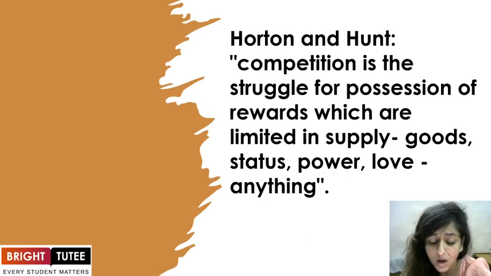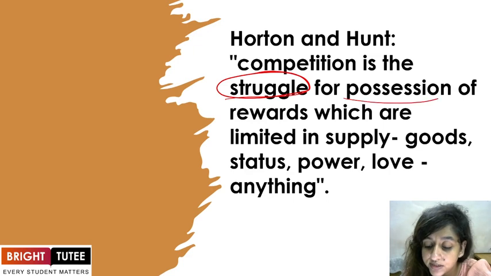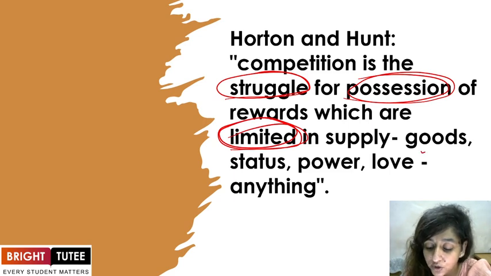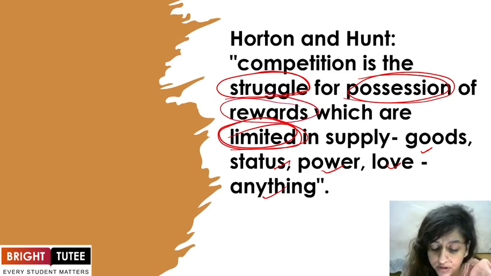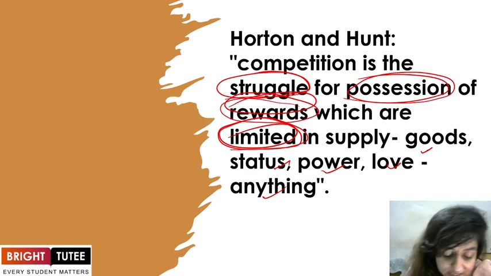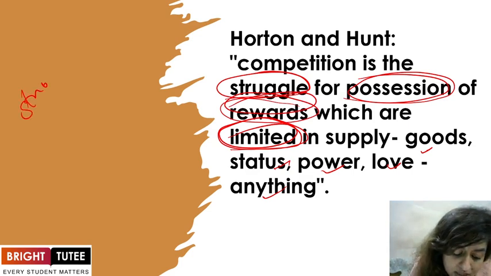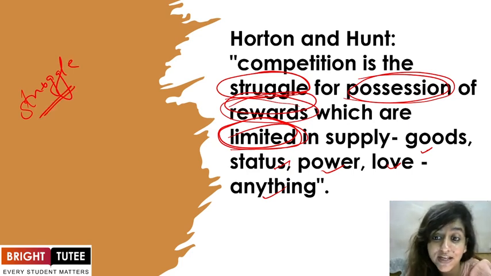Horton and Hunt said that competition is the struggle for possession of rewards which are limited in supply. These may be goods, power, status, love or anything. Four very important words here. One, it is a struggle. It is not something which you are getting very easily.